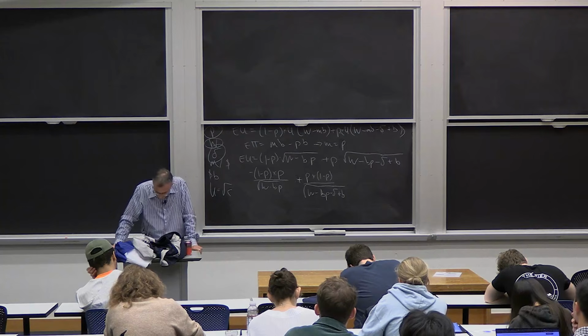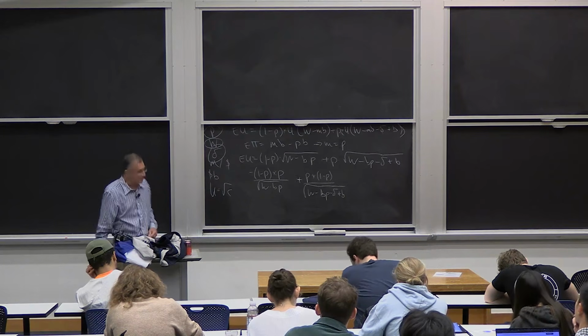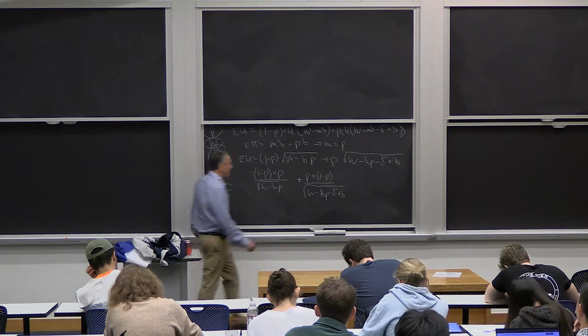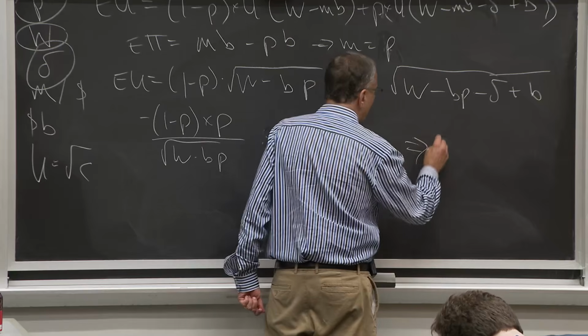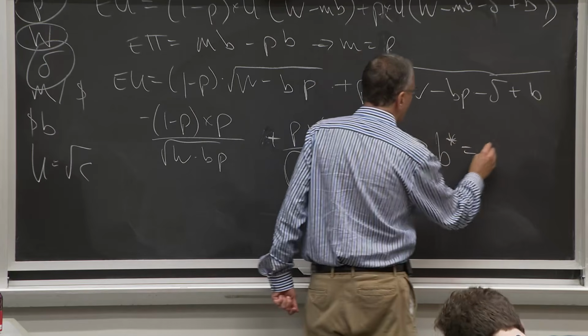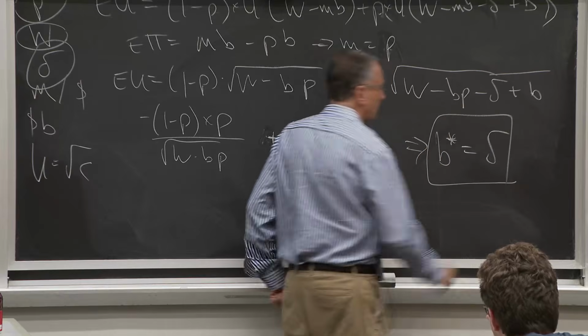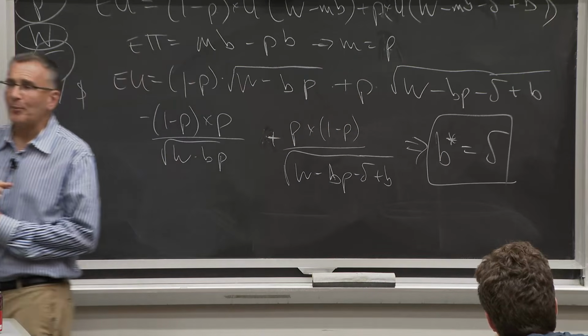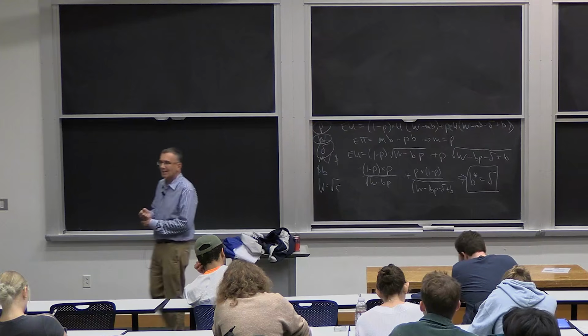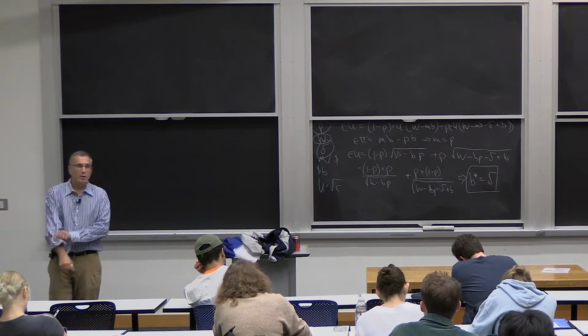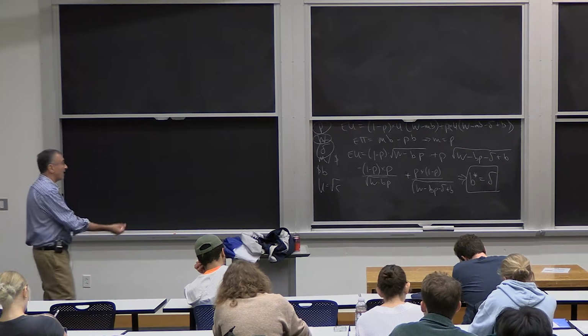If you set that equal to 0 and solve, you get that B star equals delta. The optimal level of benefits is equal to the medical cost of the adverse event.